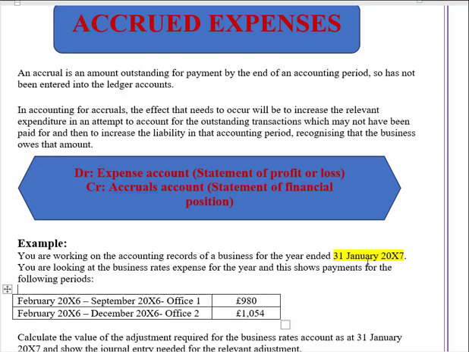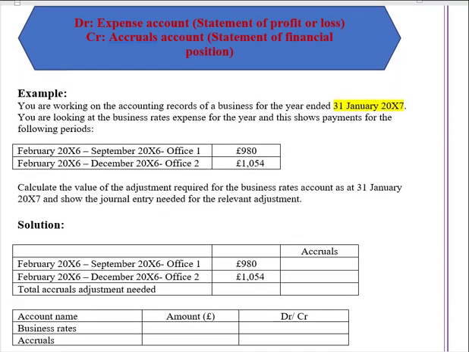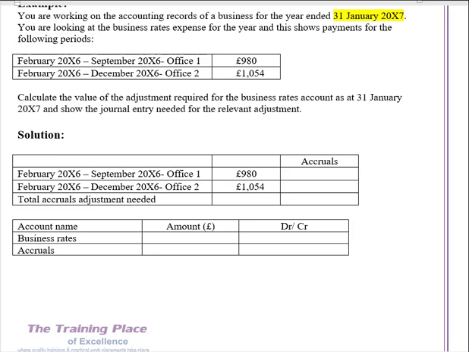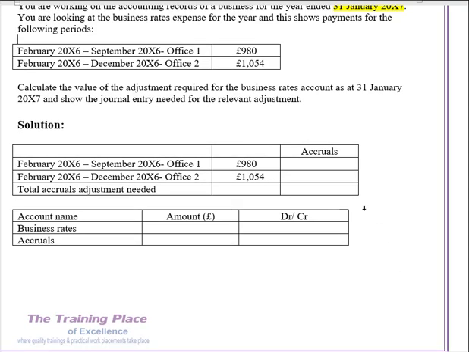I need to go up to January X7. So there is still a 1 month portion that you have not yet paid for. It says to you, calculate the value of the adjustment required for the business rates account as at 31st of January X7 and show the journal entry needed for the relevant adjustment. In this case, the relevant adjustment will be an accrual that you will need to raise.